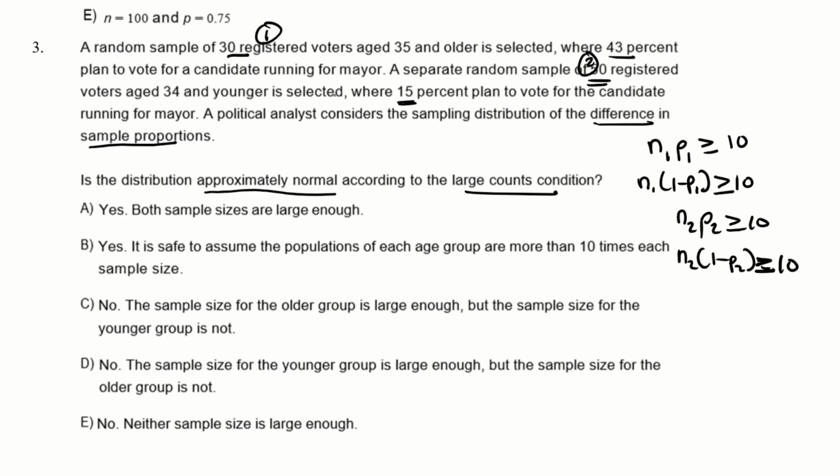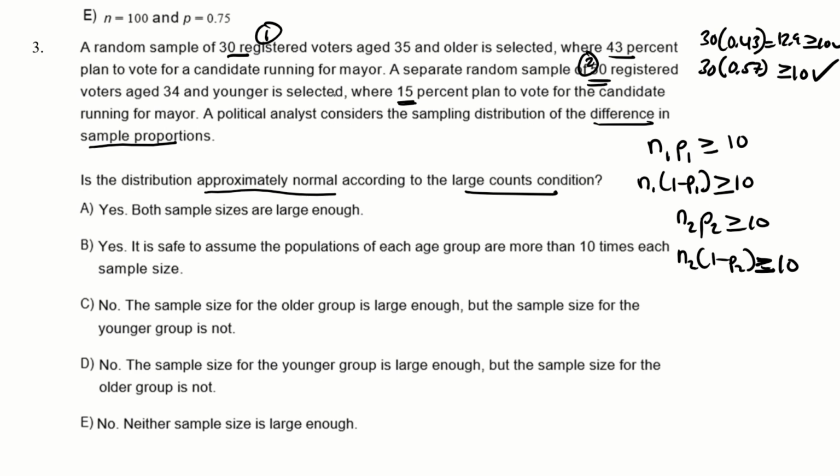So we have 30 registered voters times 43%, we get 12.9, which passes. Now the 1 minus version is 57%. That's definitely going to pass, we don't even have to calculate that. If it passes for this, it's going to pass for that. So far it's good for the older group.